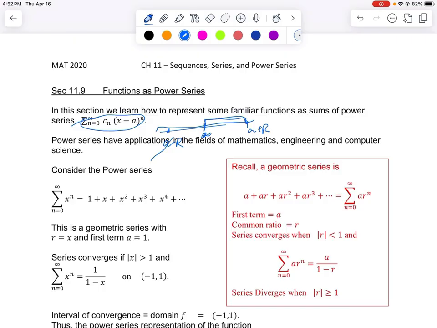In computer science, when scientists have to play with the data, it's easier to have polynomials rather than complex fractions. And also these polynomials, which we get from the power series, can approximate some unknown function.